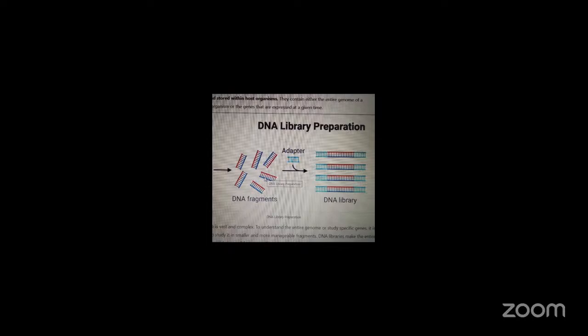So here, what is the genomic library? A genomic DNA library is a collection of DNA fragments that represent all genetic information of an organism. This includes both coding and non-coding regions of DNA.